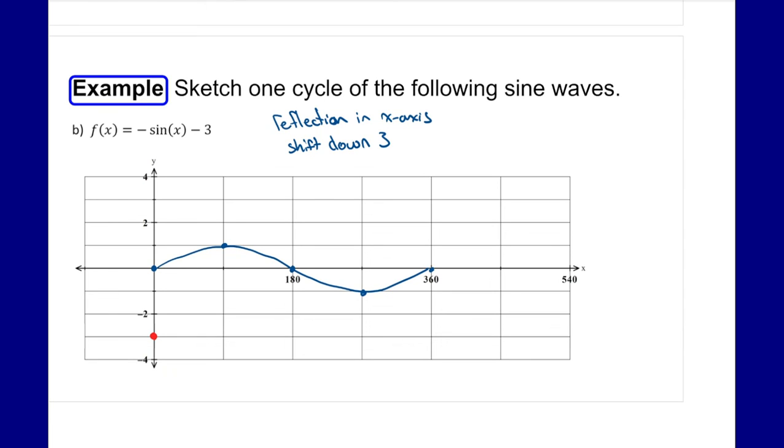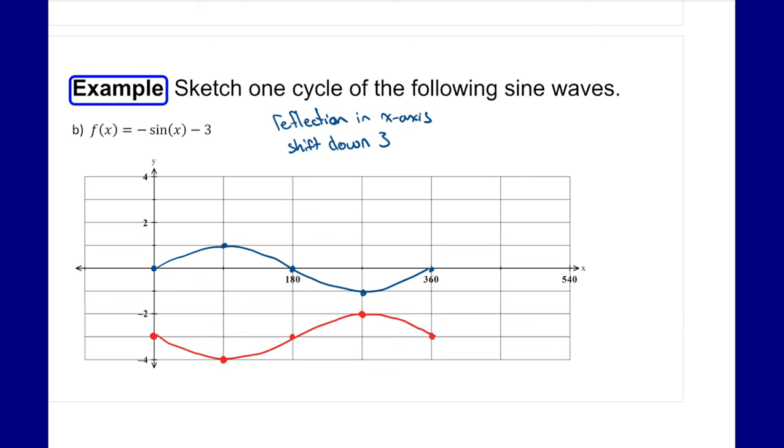So for my next one, because in my original form, I go up to my maximum, in this new form, I'm going to go down to my minimum first. I'm still going to come up to the midline, and then I'm going to go to my maximum instead, and then come back to the midline. So it's almost like a mirror image of our sine wave or our base form.